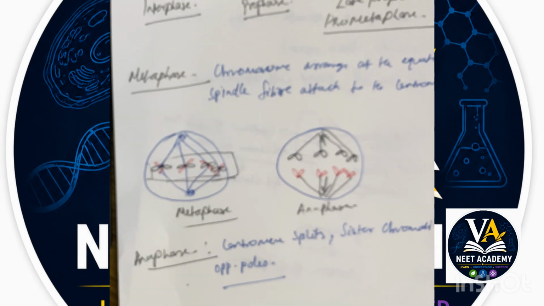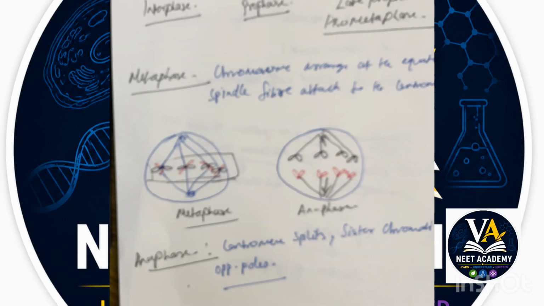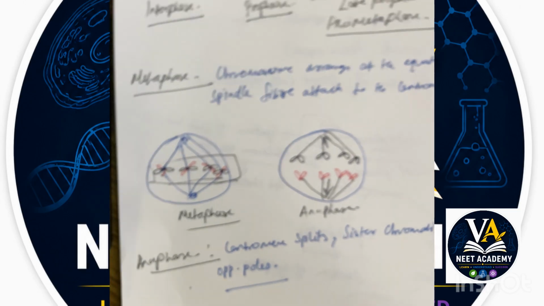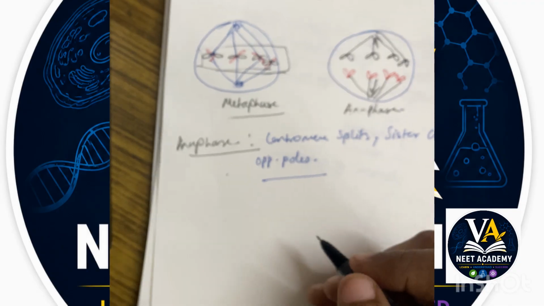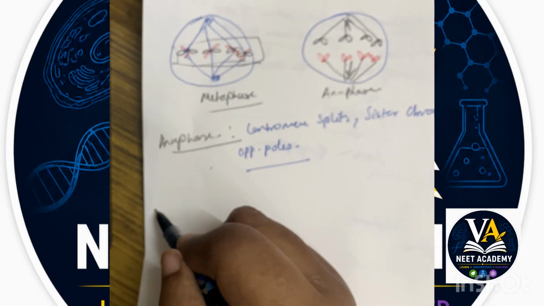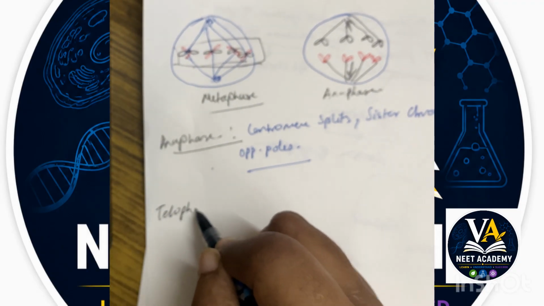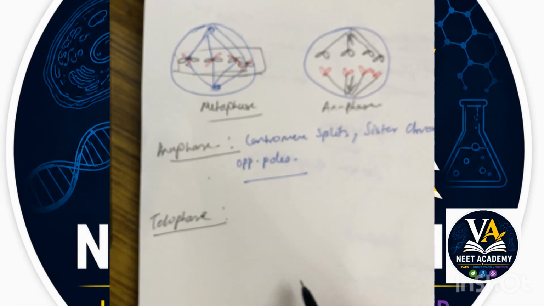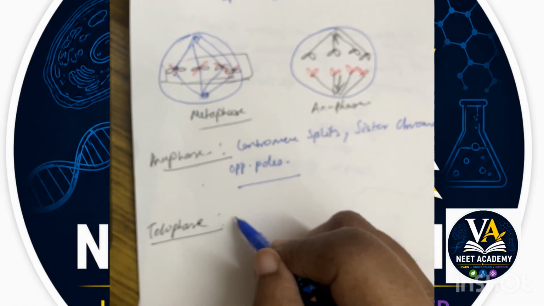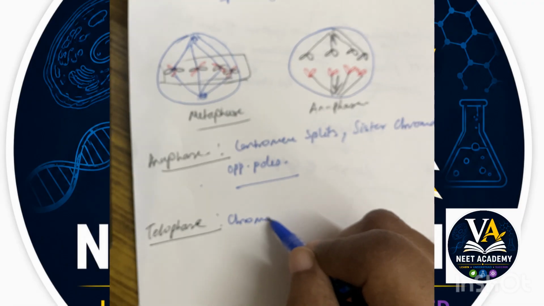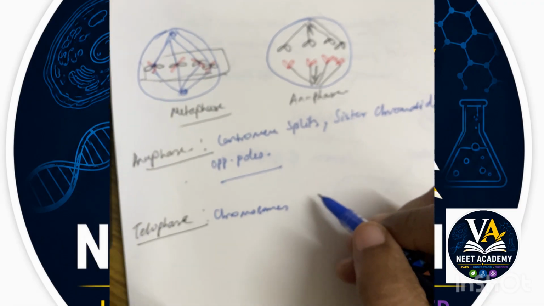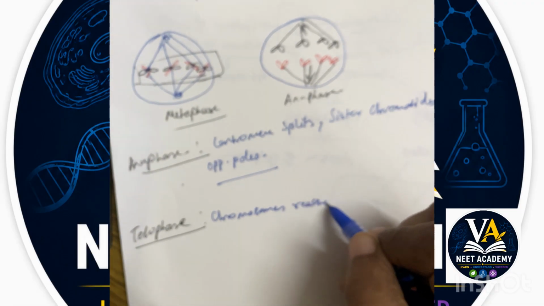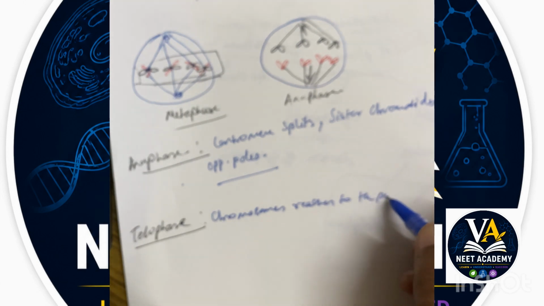Okay. So last stage is your telophase. So telophase, what happens? In telophase, the major event which takes place is the chromosome reaches to the pole.